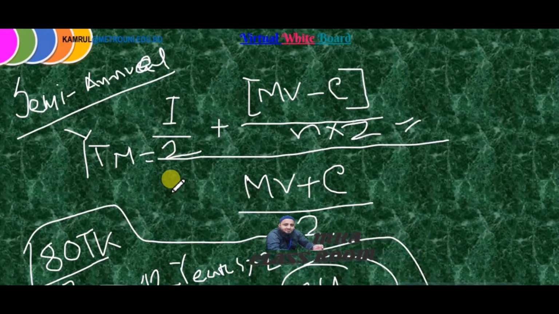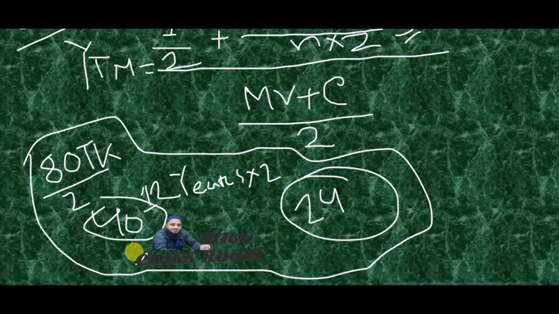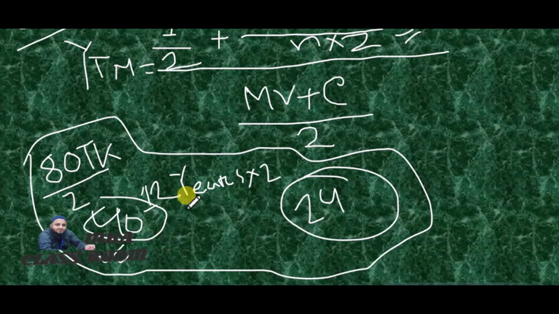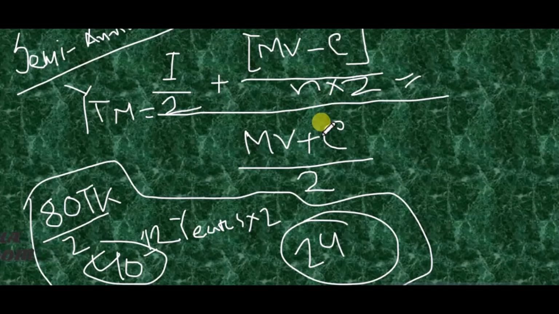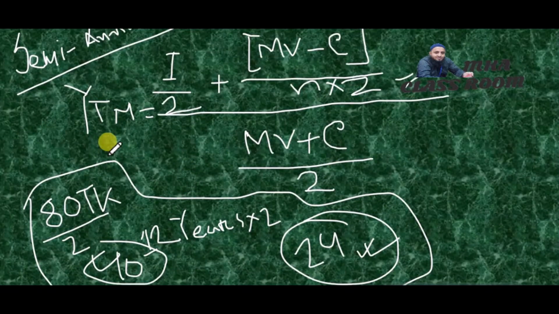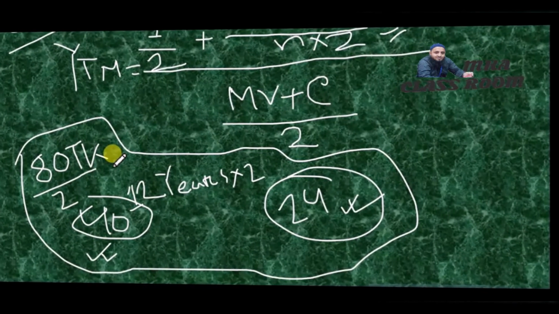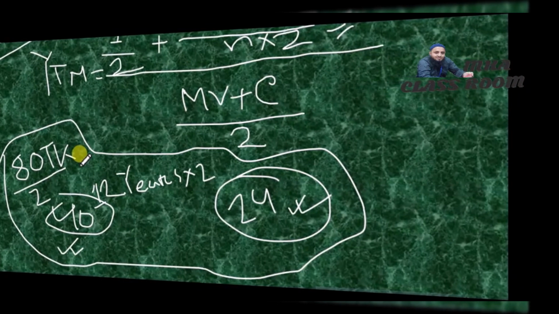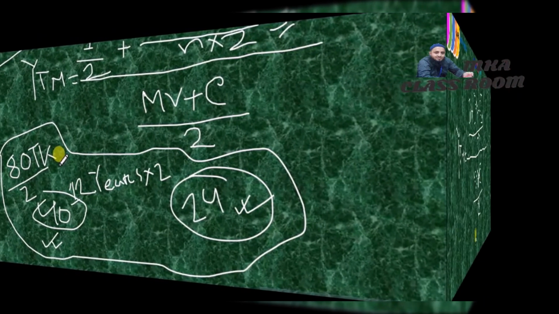So I divided by 2, or you can put down 40 taka, and N into 2, or you can write down 24 periods, 12 years into 2 equal to 24 periods. In this way we can easily calculate the YTM, yield to maturity.